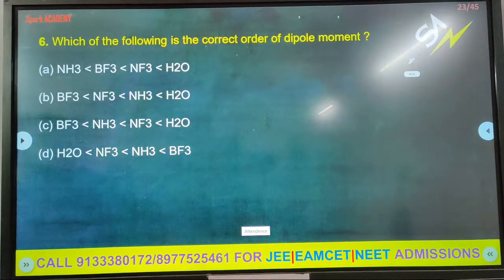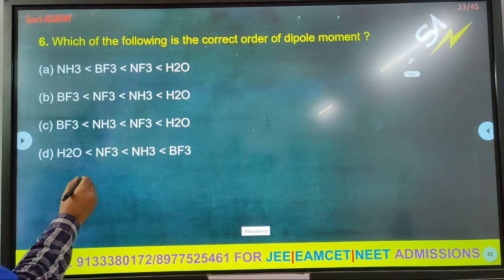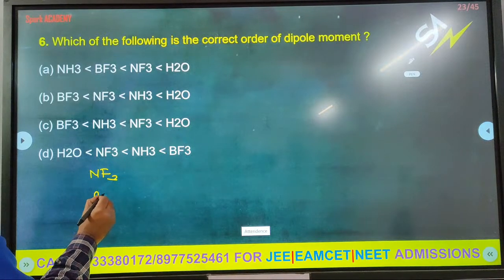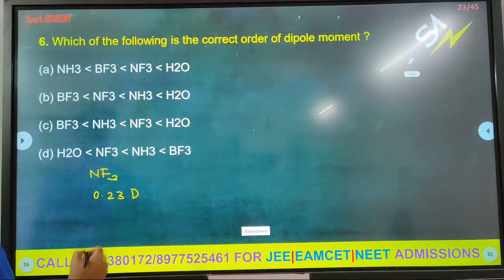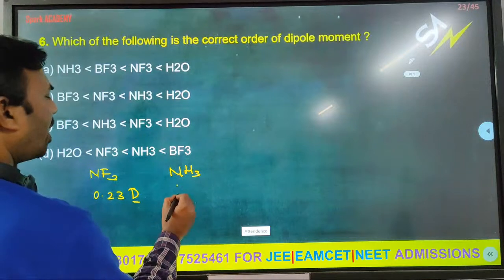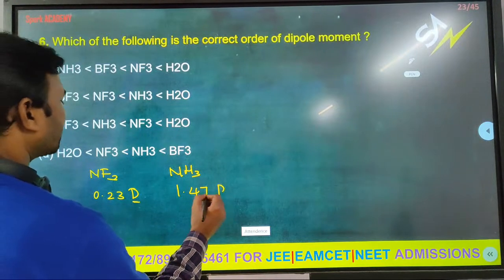Next question, the sixth question. Which of the following is the correct order of the dipole moment? What is the dipole moment in the case of question number 6? The dipole moment of NF3 is 0.23 Debye. So dipole moment units are Debye. NH3 is 1.47 Debye.